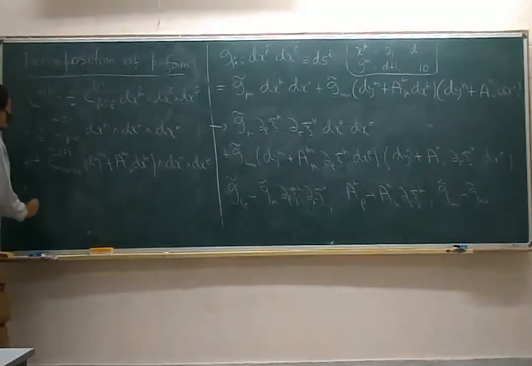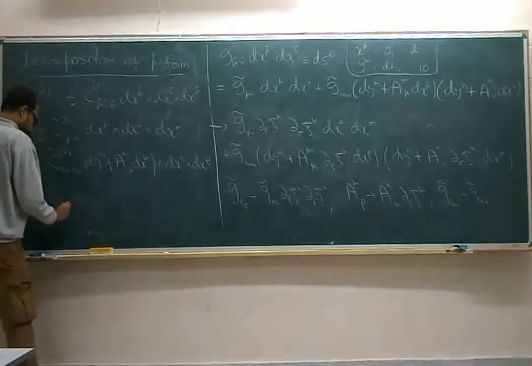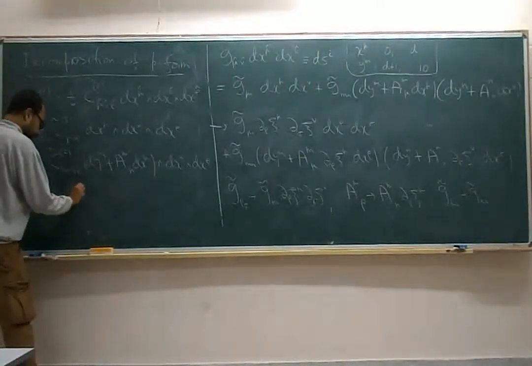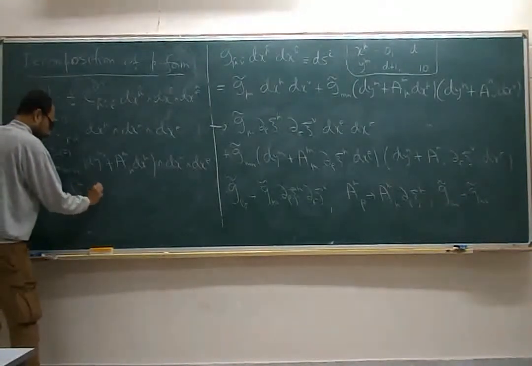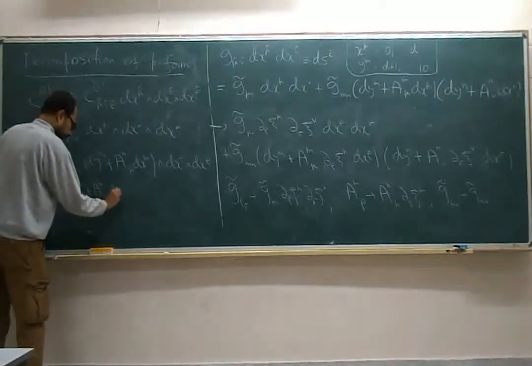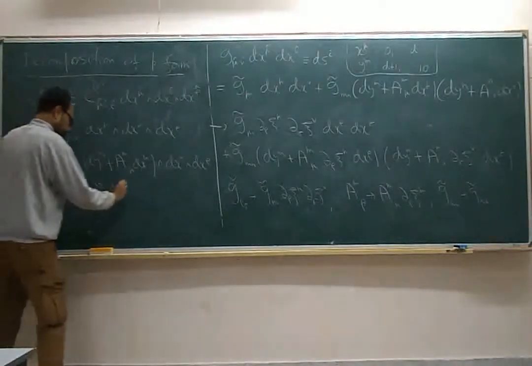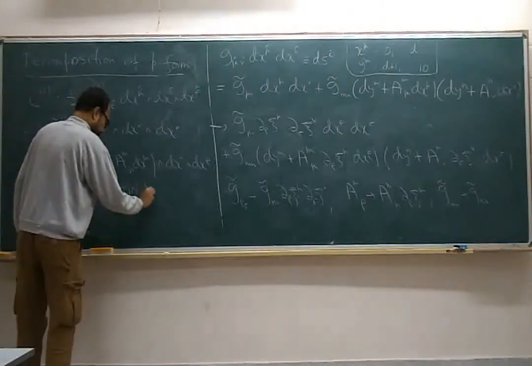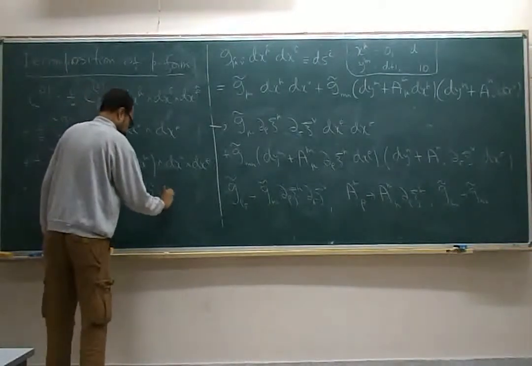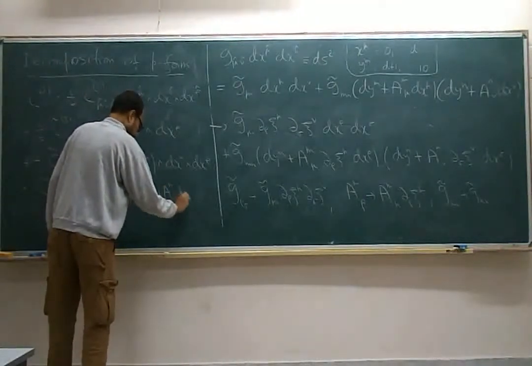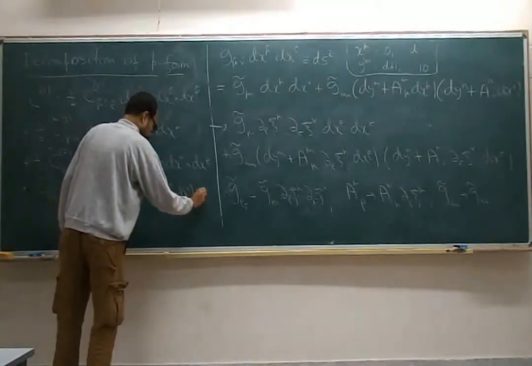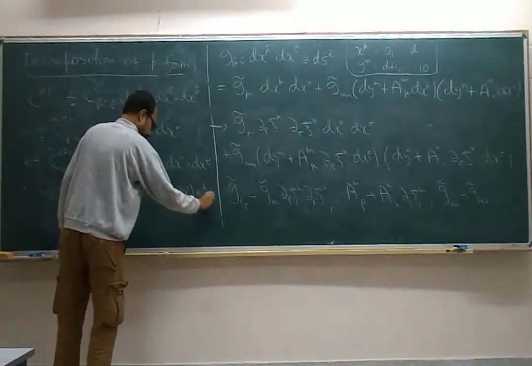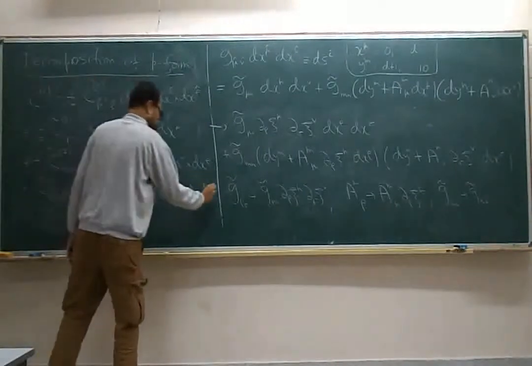Then there will be C tilde 1_{mn rho}, with (dy^m plus A^m_mu dx^mu) and (dy^n plus A^n_mu dx^mu) dx^rho.